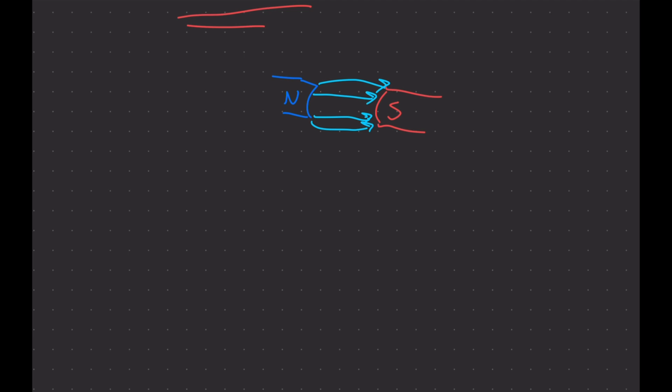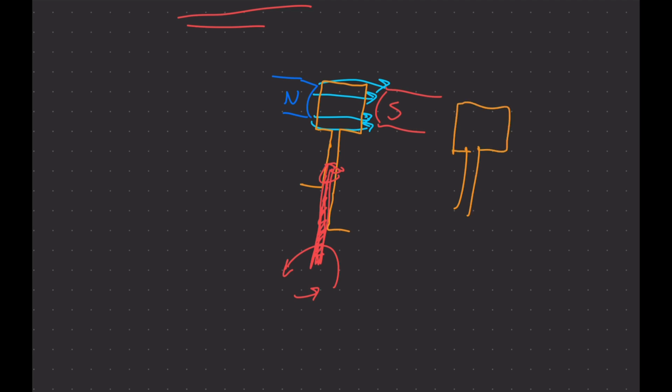In here, you can actually place a little square wire like that. And if you attach this to a drill, like let's say you attach it to a bar and you staple this bar to this little metal coil wire, and you start applying a torque and turning it, then this little loop will start rotating.